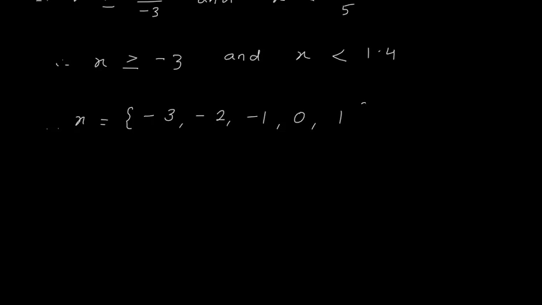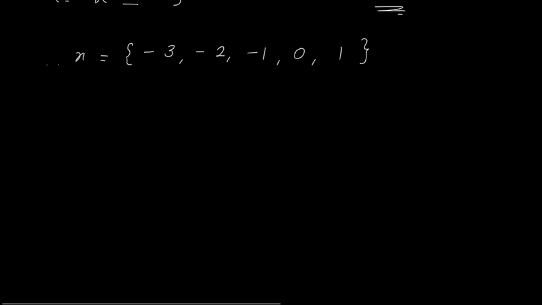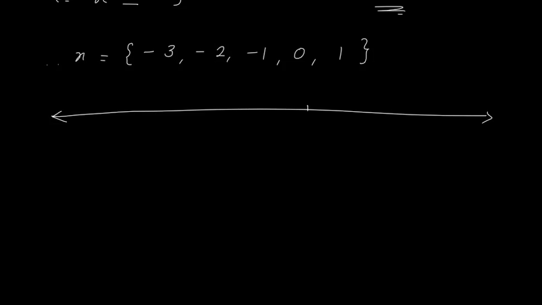On the number line, we have 0, 1, and minus 1, minus 2, minus 3. We will use circles like this, and this is how we show it on the number line. This is question number 24.